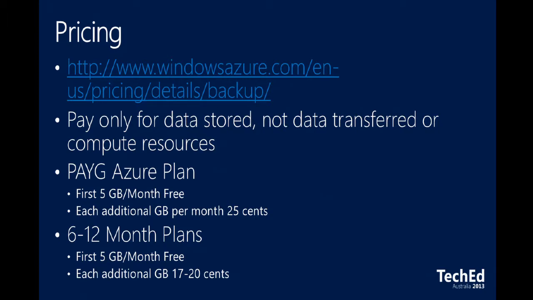You're billed for egress, but not for ingress. So probably, but again, with it being in preview, they haven't made this entirely clear at this point. But it's likely that you would. But again, it's very likely that with Windows Azure, 99.9% of your traffic for backup is going to be ingress, which is free. Yes.